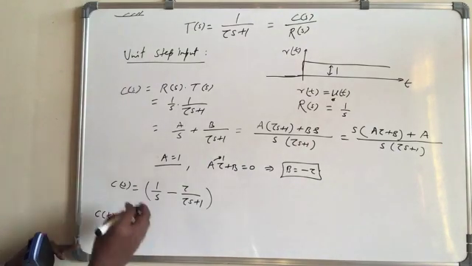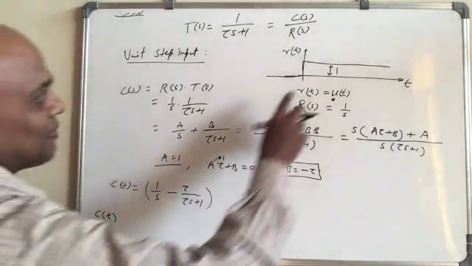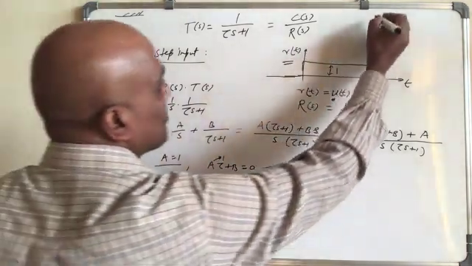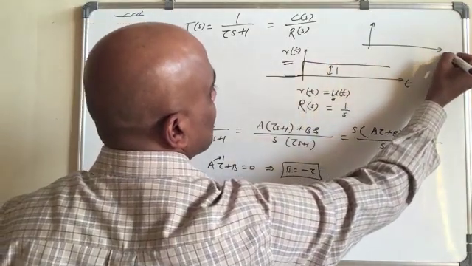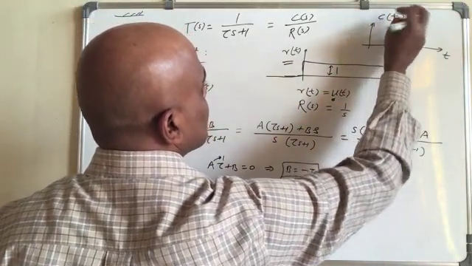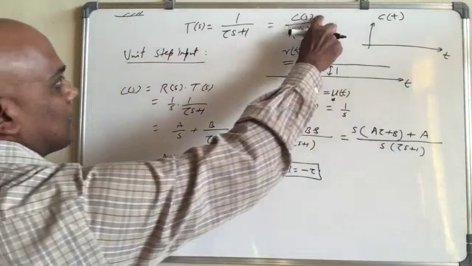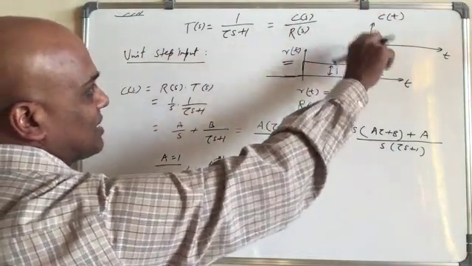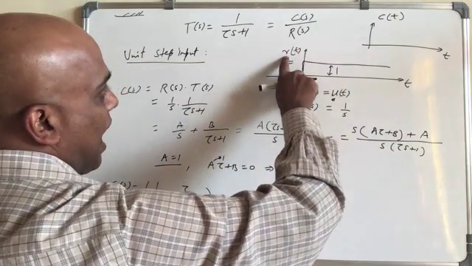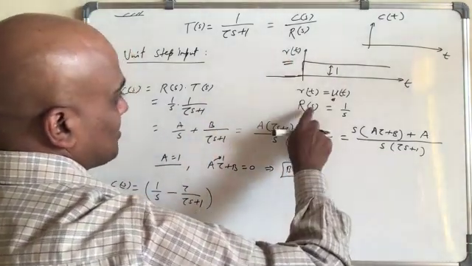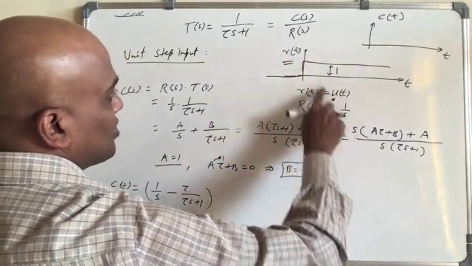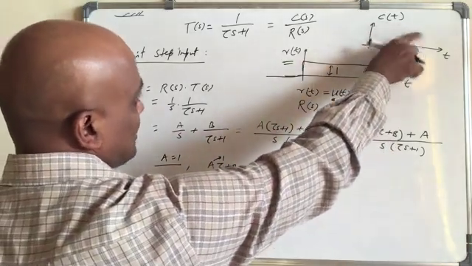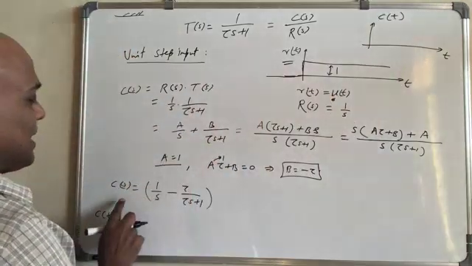Now c(t): given the input r(t) like this, we want to find out what c(t) will be. c(t) means C(s), the output in the time domain, in real time; we want to see how it looks. When R(s) equals 1 over s, which is equivalent to r(t) being a constant, how does c(t) look? What we know is C(s) looks like this.